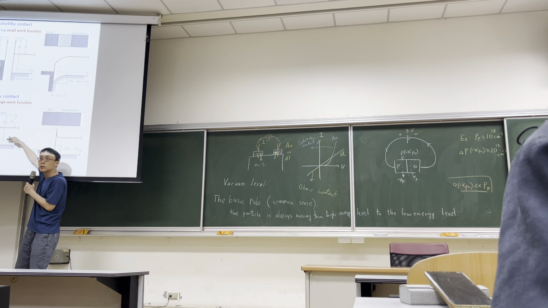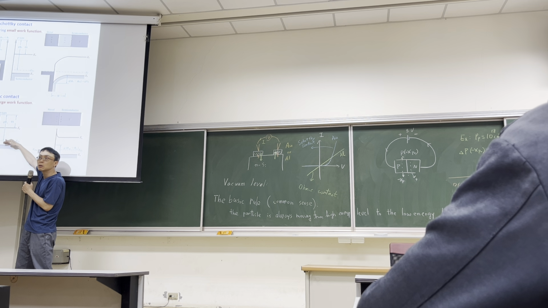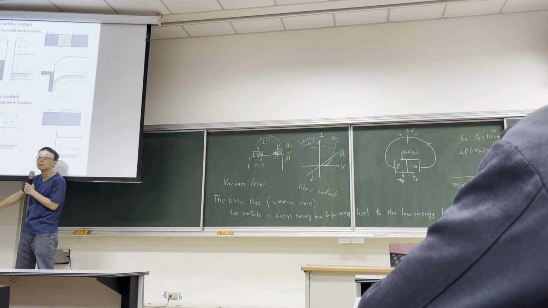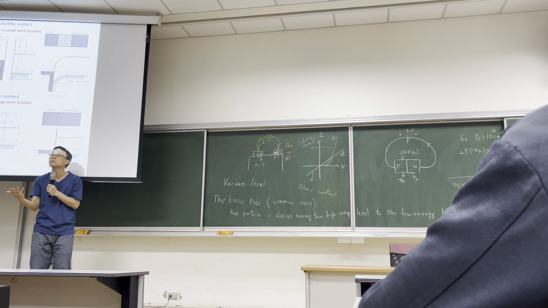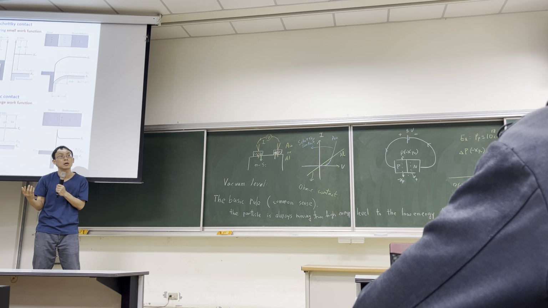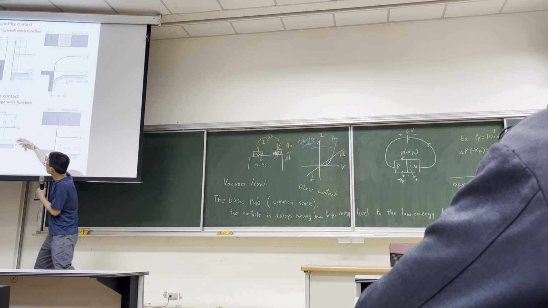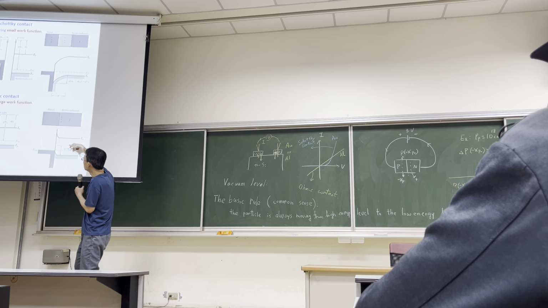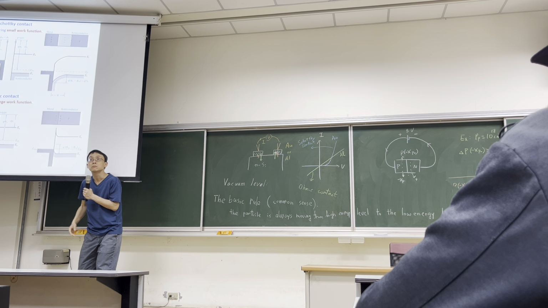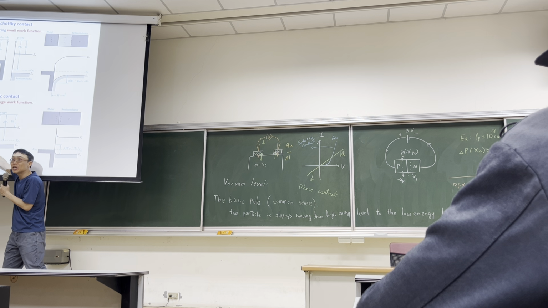How do you make the semiconductor Fermi level go down? See, this is higher, this is lower. By flowing electrons from here to here.